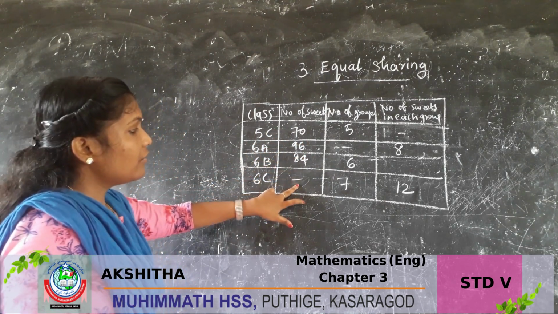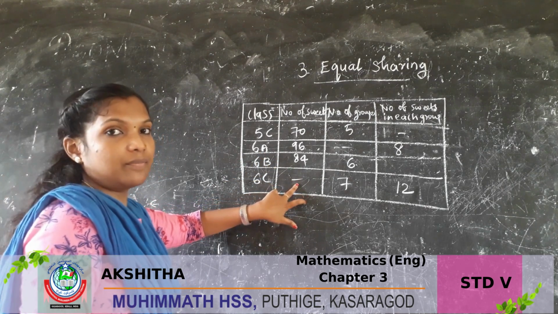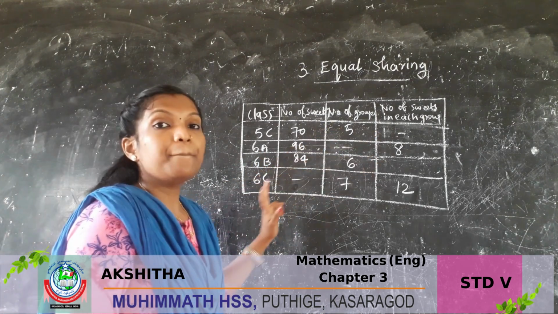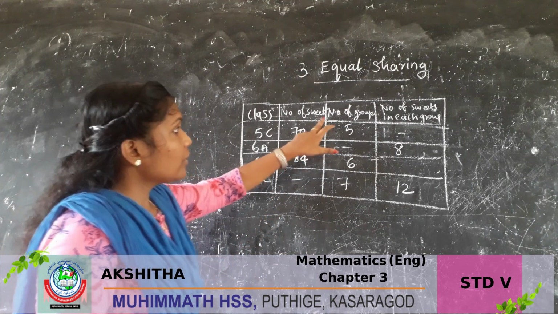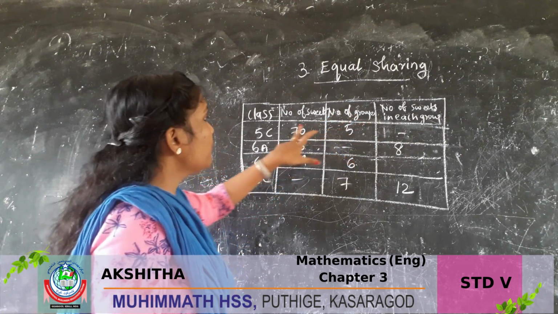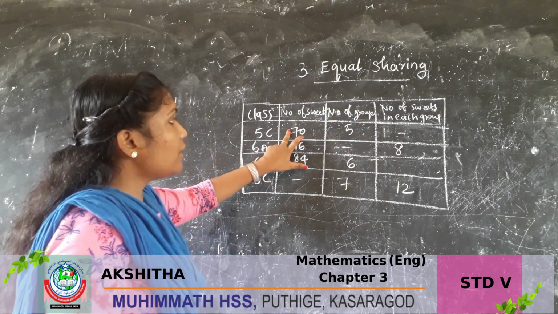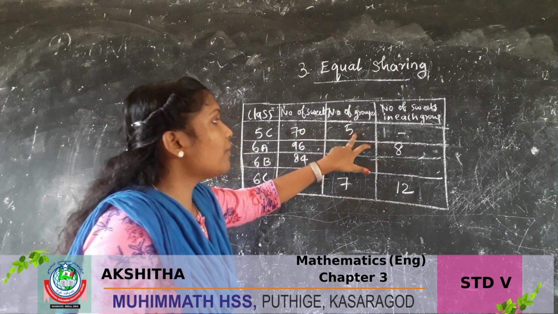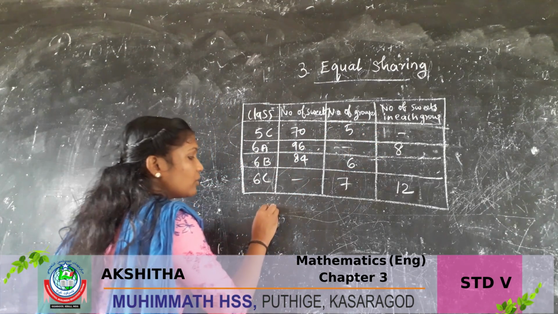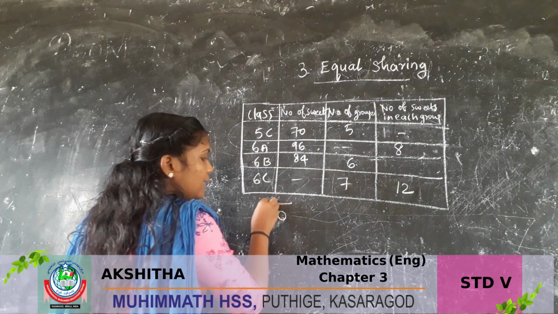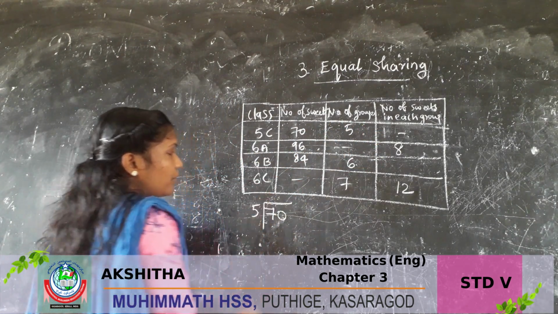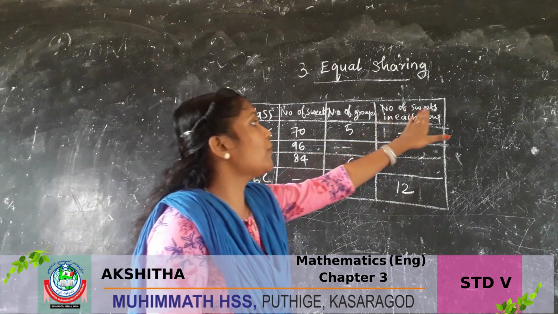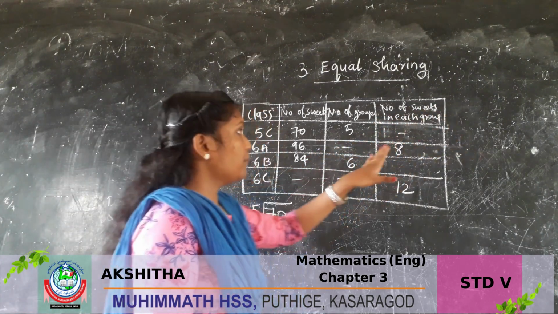Here we have to find out the missing details. Look at the number of groups. Total number of sweets is 70, number of groups is 5. So 70 divided by 5 gives the number of sweets in each group.